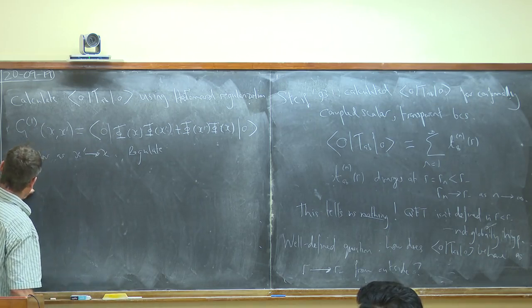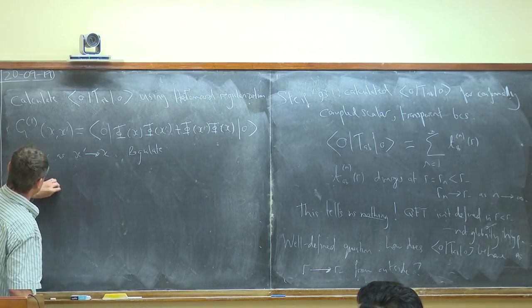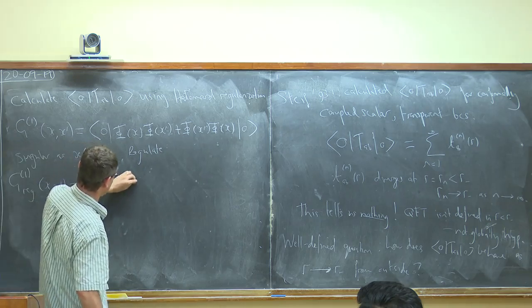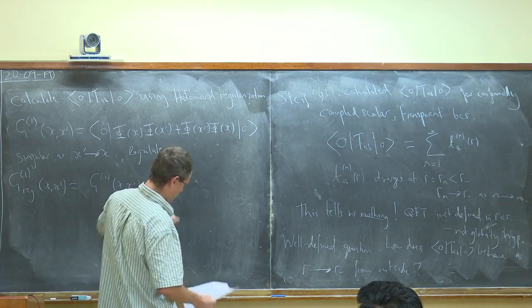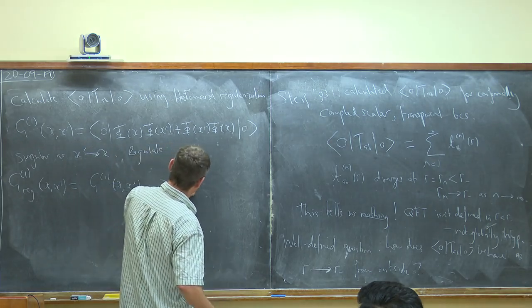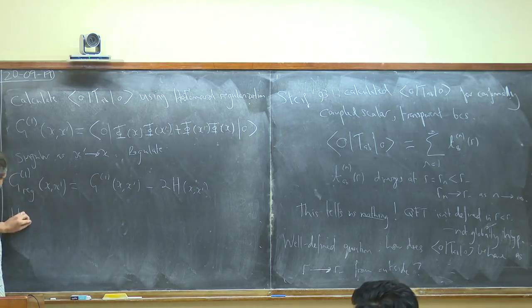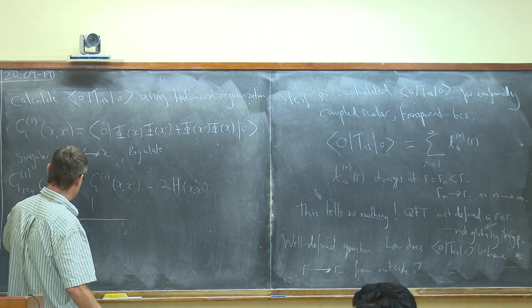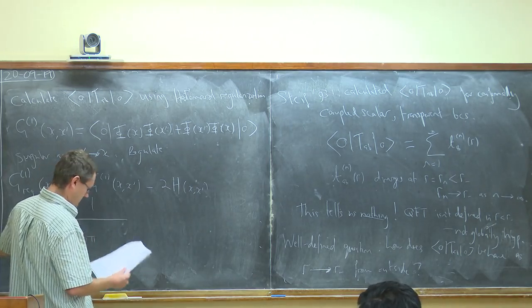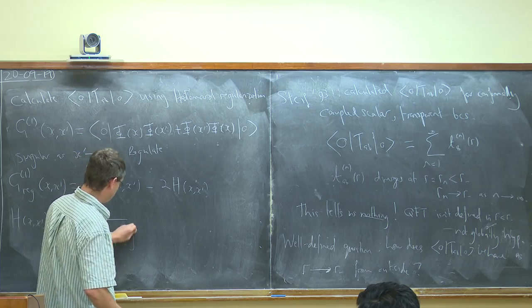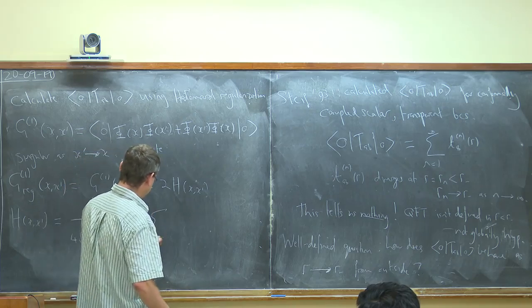So we define a regulated two-point function by subtracting this thing h, which is called a Hadamard parametrix, which in full detail looks like this.